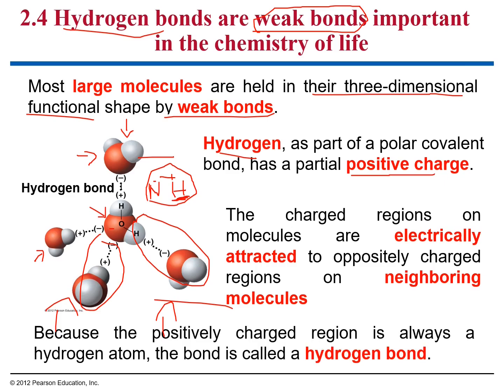Every time you have a positively charged region, it is always a hydrogen atom. For that reason, it's called a hydrogen bond. So it doesn't have to be water, it doesn't have to be oxygen, it could be nitrogen, and you will also form a hydrogen bond, like in the case of the DNA, where two nucleotides come together. We will talk more in detail in future chapters.